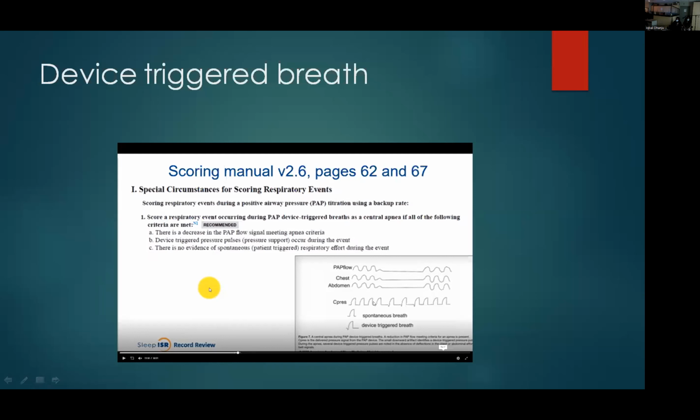During that time, the device-triggered breath has to be there. In this case, see normal, and in here the device-triggered breath comes. So in this situation, we can score this as a central apnea. Okay, any questions?